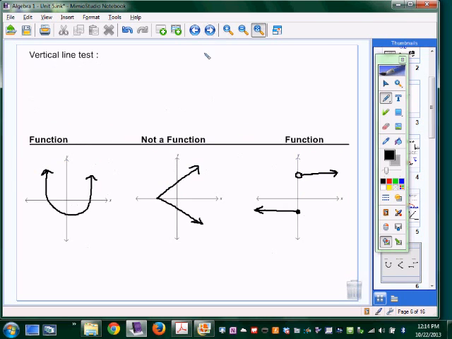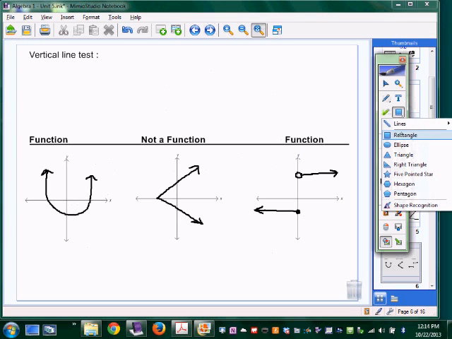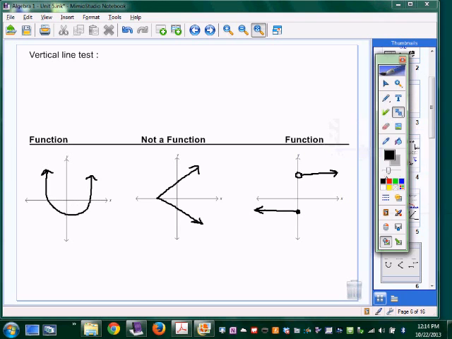Now, there's something called a vertical line test. A vertical line test is how you can tell if a graph is a function or not. So what we do is we take a vertical line. And if you take your vertical line and you run it along the graph, it'll only touch in one point. See how it's only touching in one spot?